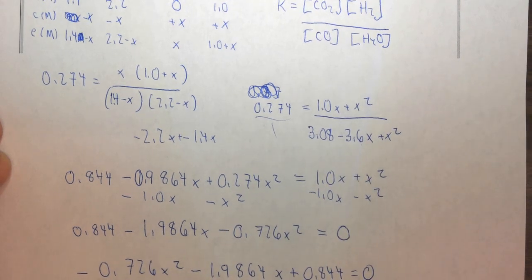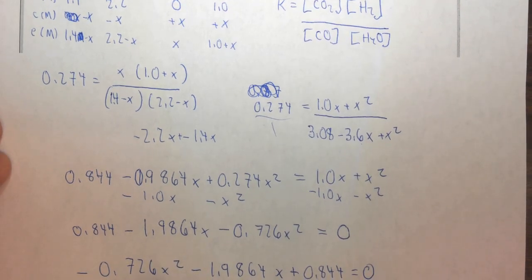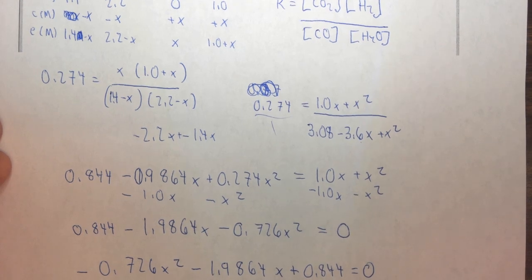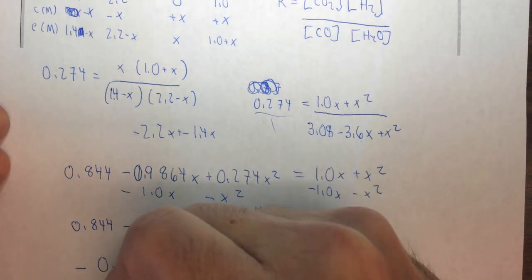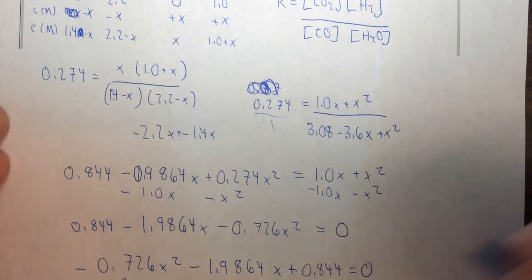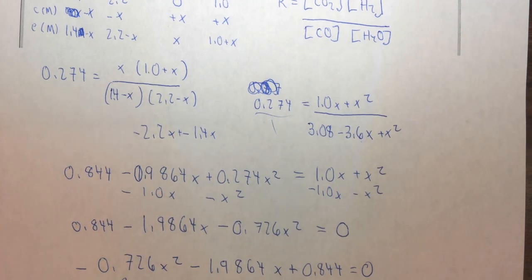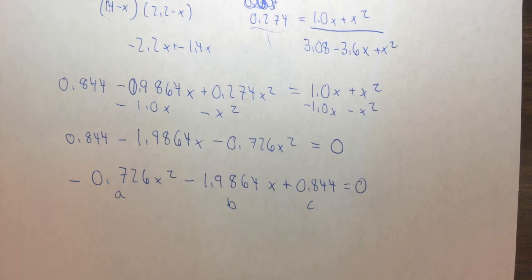And if you would prefer that these numbers are positive, you can multiply through by negative 1, make this positive, and this negative. You'll get the exact same answer, and it'll still be equal to 0 because 0 times minus 1 is still 0. So now I have ax squared plus bx plus c, and I can use the quadratic equation.